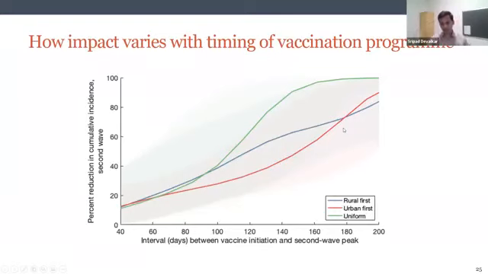The way to think about it is, 6 months ahead of the peak of any second wave, prioritizing based on seroprevalence would really not mean much, because by the time the second wave starts and reaches the peak, any benefit that you would have gotten because of antibodies from a prior infection would more or less be nullified.